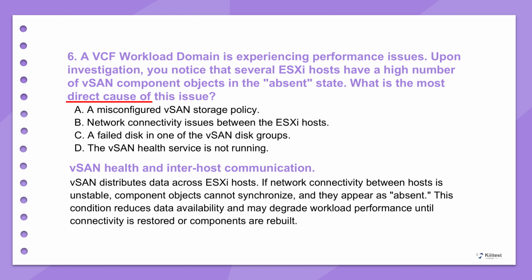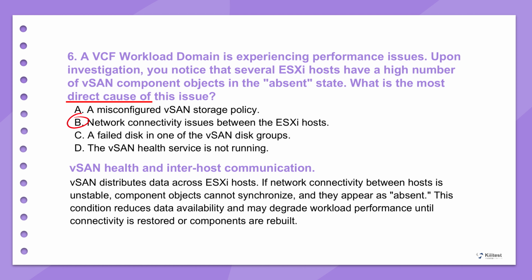Right. That almost always points straight to network connectivity problems between the ESXi hosts themselves. The vSAN network specifically. Yes, the vSAN network. vSAN absolutely relies on constant, reliable, low-latency communication between all the hosts in the cluster. If they can't talk to each other effectively, they can't maintain quorum or resync data. Exactly. vSAN can't do its resyncs.